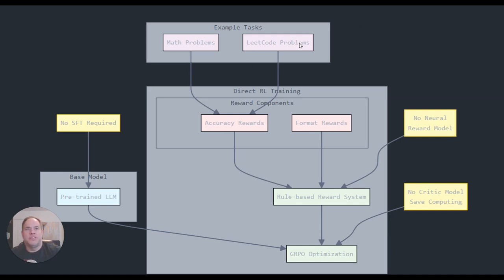So it's going to have example tasks that it's generated, for instance math problems and LeetCode problems, which are just computer science problems generated with a compiler, so that math and code have answers that are correct and can be checked.